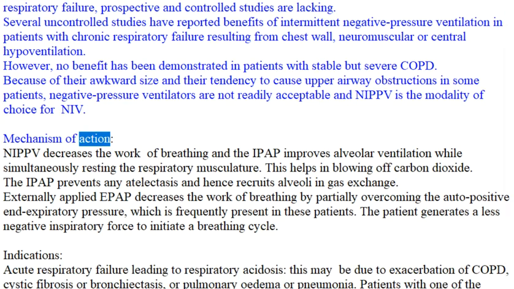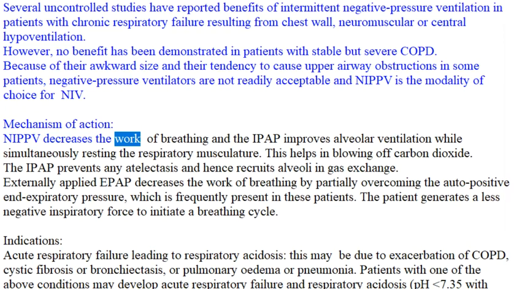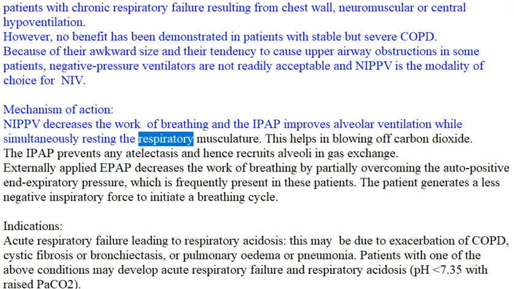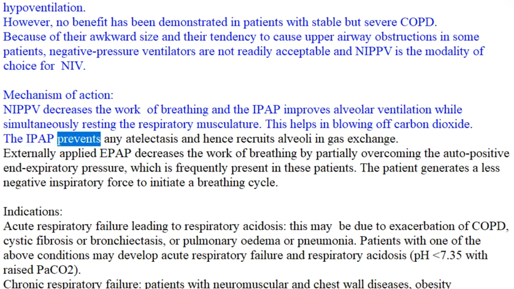Mechanism of action. NIPV decreases the work of breathing and the IPAP improves alveolar ventilation while simultaneously resting the respiratory musculature. This helps in blowing off carbon dioxide. The IPAP prevents any atelectasis and hence recruits alveoli in gas exchange.